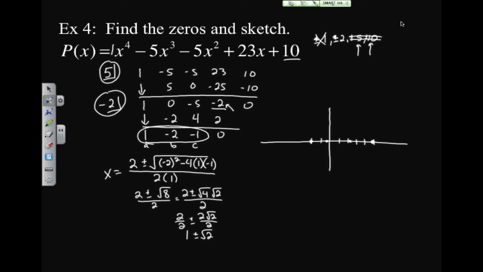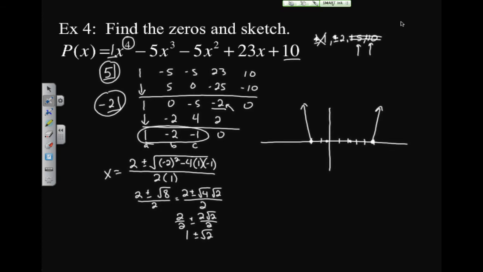So we've got those 4 zeros to look at. Now we want to consider our end behavior. The end behavior, if you remember, it's an even degree and a positive leading coefficient, which means from these zeros, both of these things to the right and to the left are going to be going up.